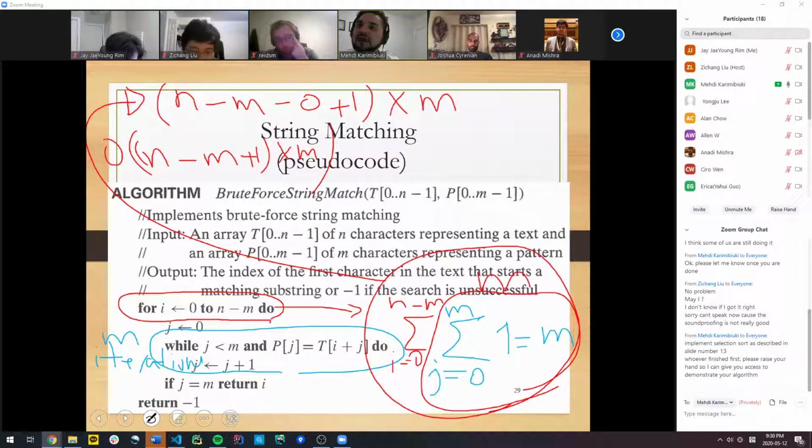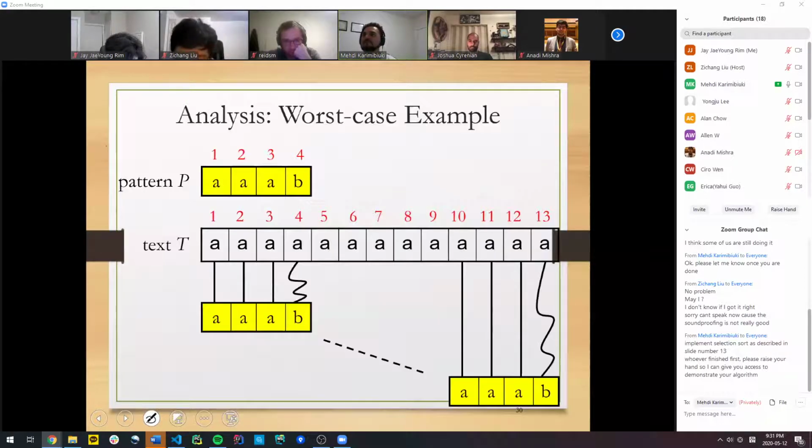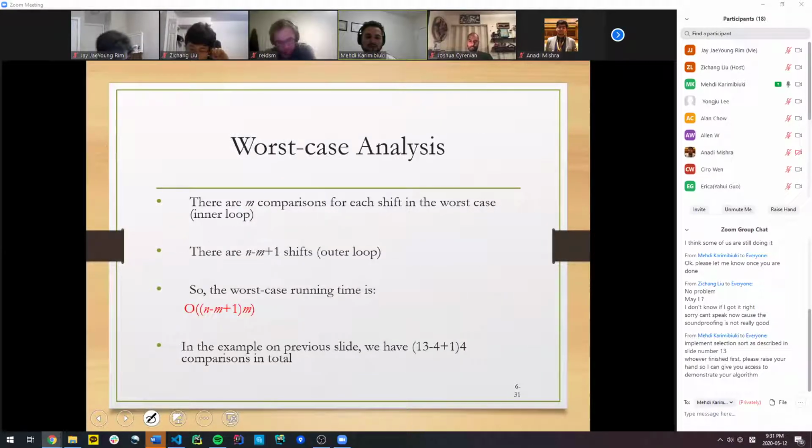So here we have 2 variables, n and m. Okay. So I believe that's what the result is.